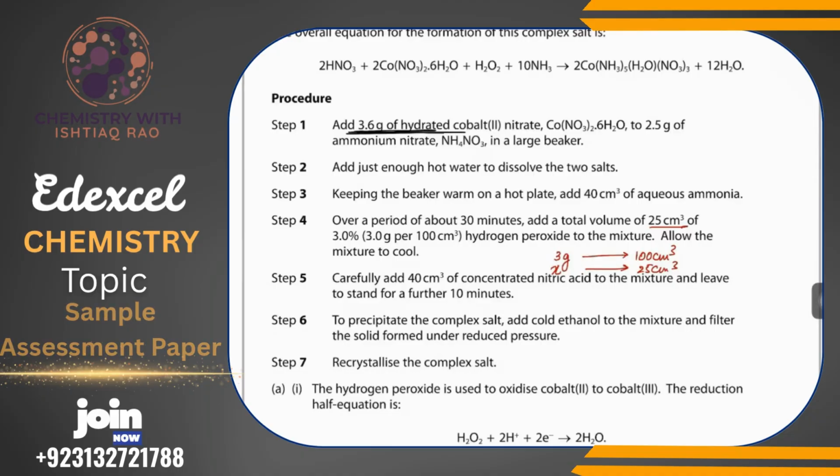MR is huge: cobalt 58.9 plus nitrogen 14 plus 14 plus oxygen 16 plus 16 plus 16 plus 16 plus 6 times 18, that is 290.9.